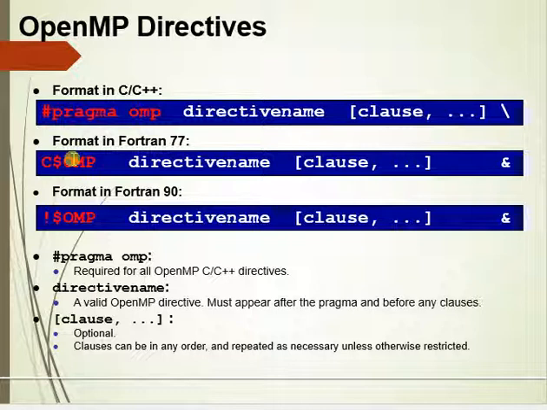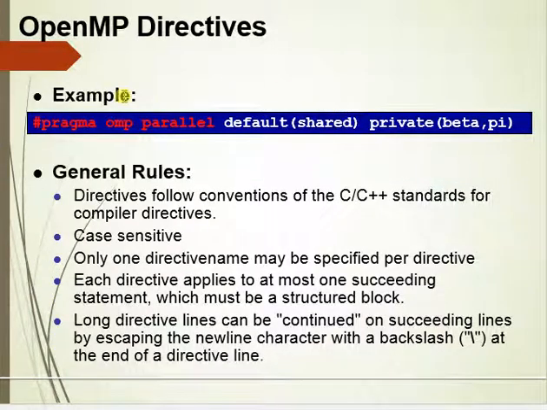In Fortran, we represent it like this: C$omp directive name clause. The difference between C++ and Fortran is that here we use a backslash and here we use an ampersand symbol. Here is an example of a directive: #pragma omp parallel default shared.